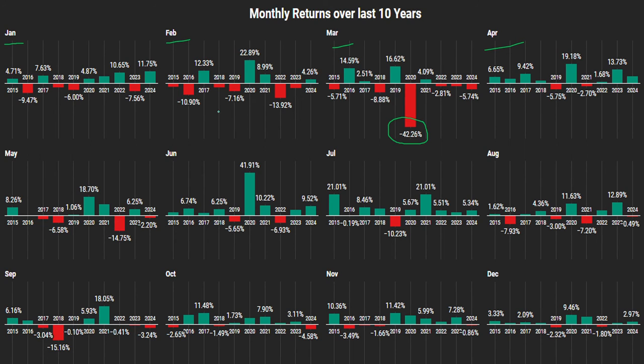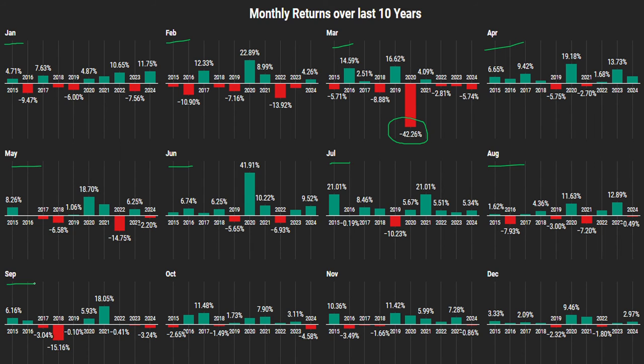April had 8 positive returns and only 2 negative returns. May, 6 positive returns and 4 negative returns. June again a very good month, only 2 negative, 8 positive returns. July again the same, 8 positive and 2 negative returns. August, 6 positive and 4 negative returns.